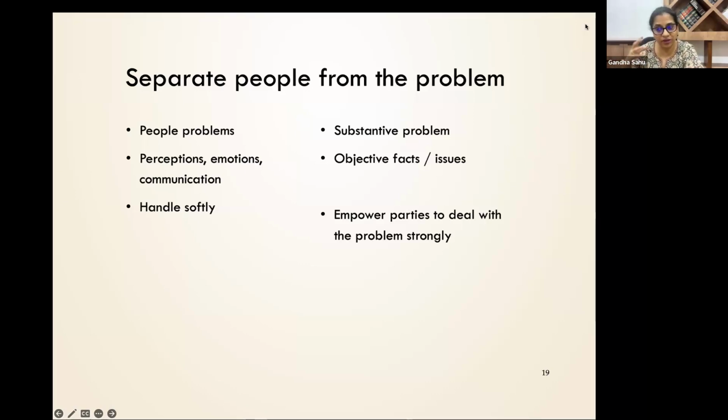As we look at examples, we will find out what is a substantial problem and what is a people problem. To learn this better, we will take a case and all of you will be mediators.